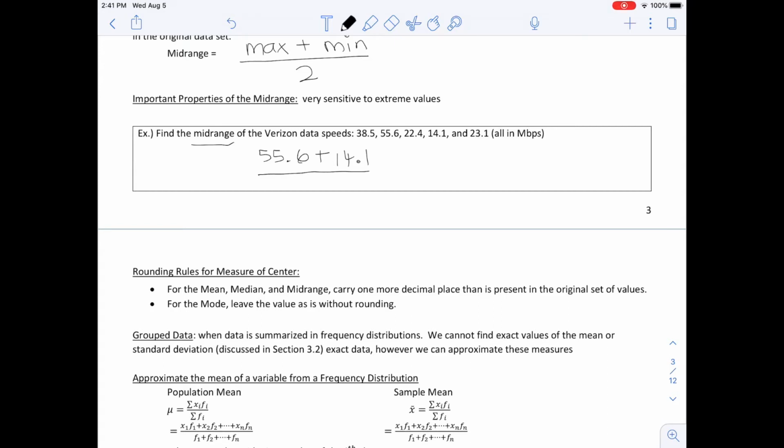Once we have those added together, we divide by 2. Doing that, we get 34.85. Again, the units stay exactly the same, so we have megabits per second.